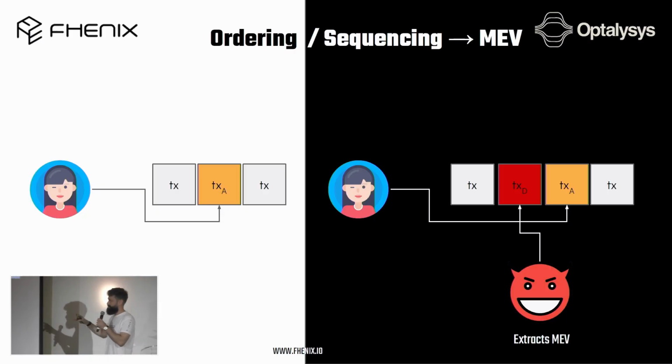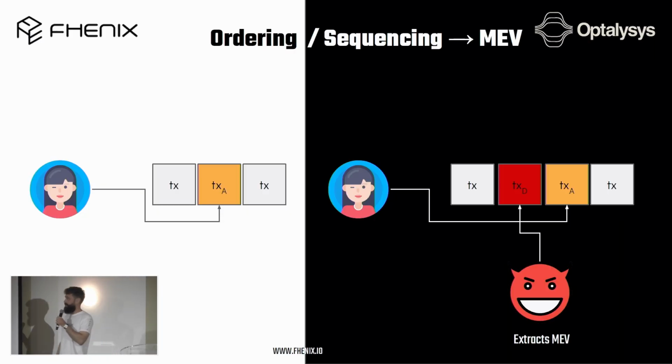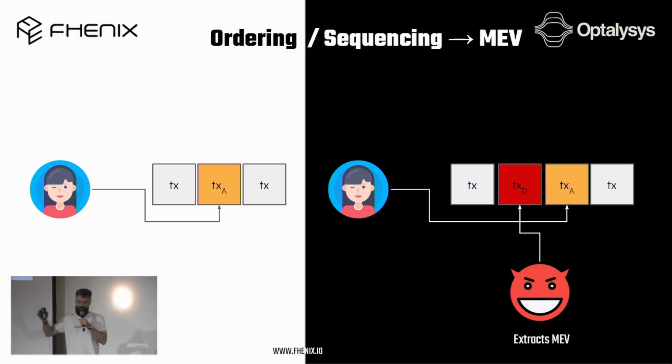Before that, let's take a step back for a second and revisit the transparency problem of traditional blockchains. So MEV, right? Who knows MEV? By a show of hands, everyone, right? It's a very obvious problem. We talked about it a lot.